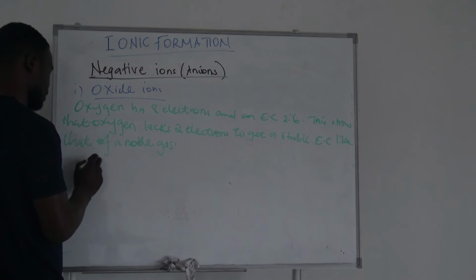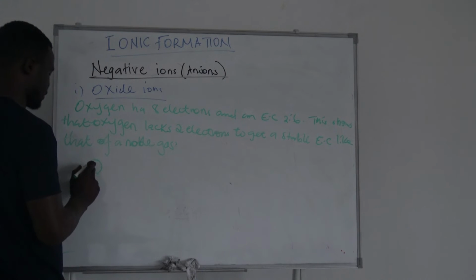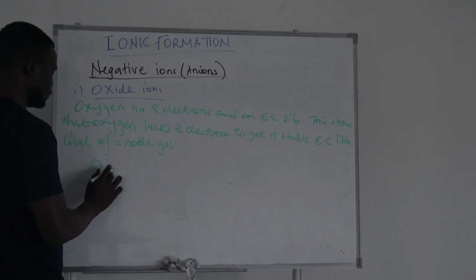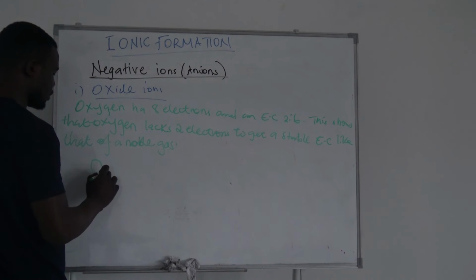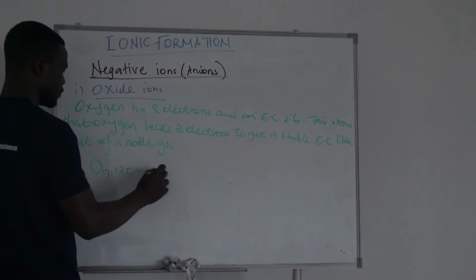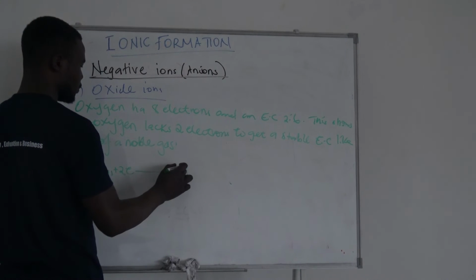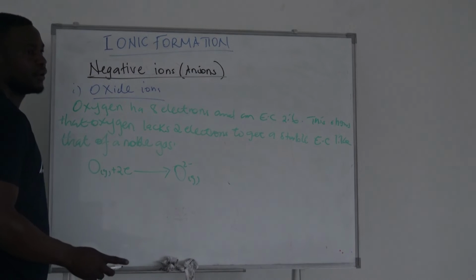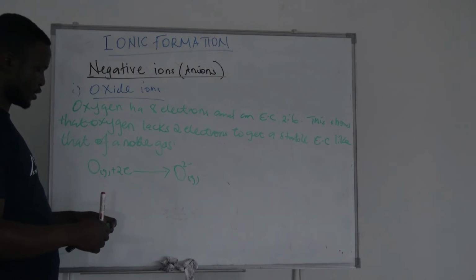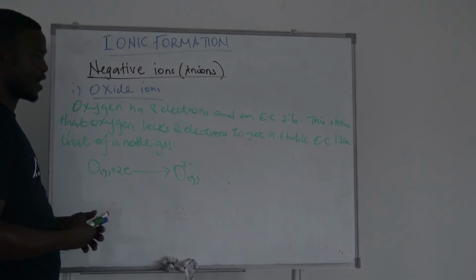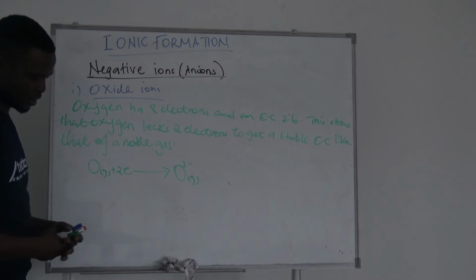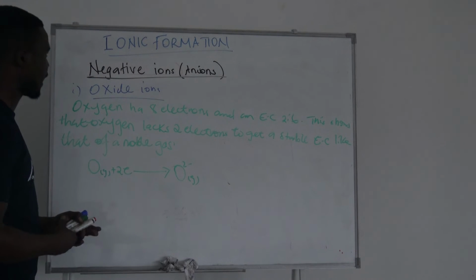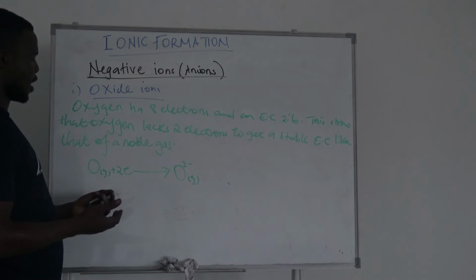Therefore, if this is an oxygen atom, it is going to gain 2 electrons to form oxide ions. It will gain 2 electrons to form oxide ions.